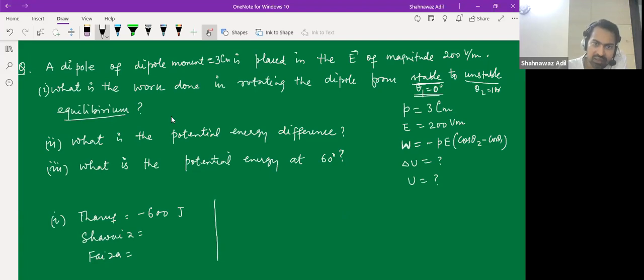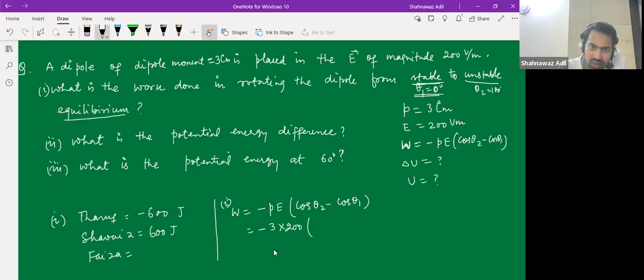We have work done, which is minus PE times cos theta 2 minus cos theta 1, and we know all the values. Is it 600 joules? Check the sign, Tarif or Chavez. Faiza, what is your answer? This is 3 coulomb meter and this is 200. It's minus 600, so you also got minus.